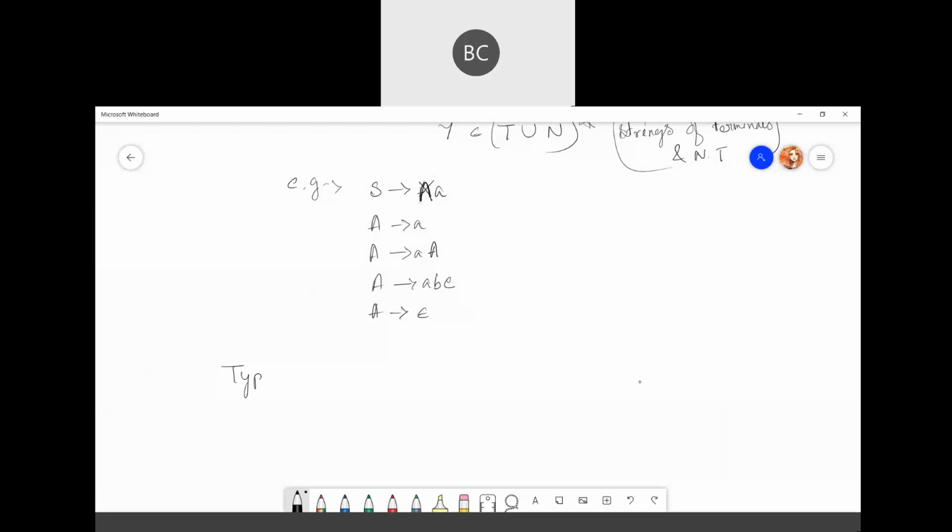Okay. Then type 1. Type 1 is the context sensitive grammar.